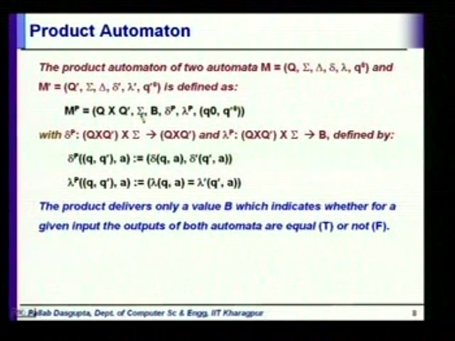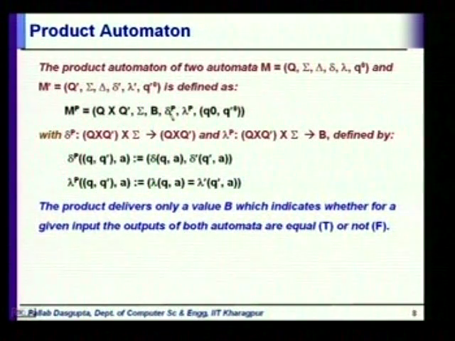We have sigma as the input alphabet, so these two have the same input alphabet, okay. The output alphabet is only boolean, so 0 or 1. The way we are defining this product is that if the outputs of the two match, then the output of the product is 1. If they don't match, then the output of the product is 0.